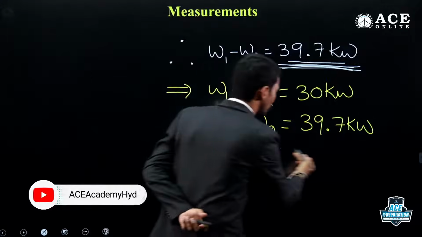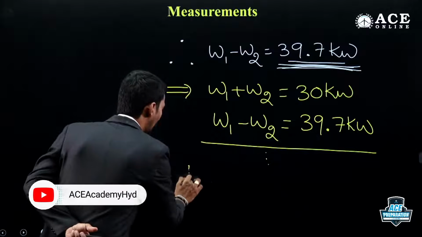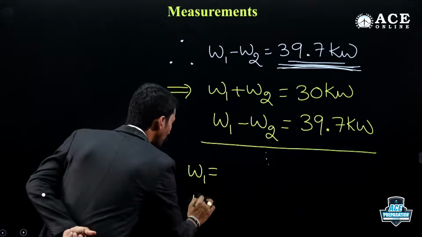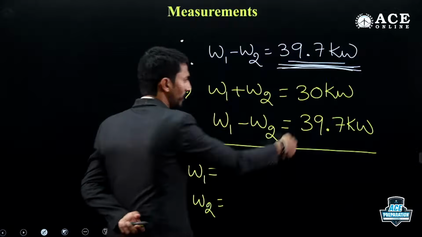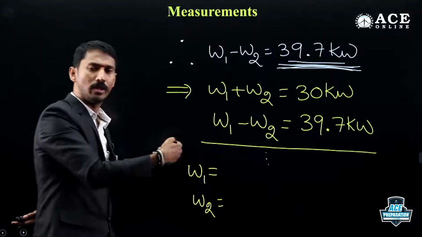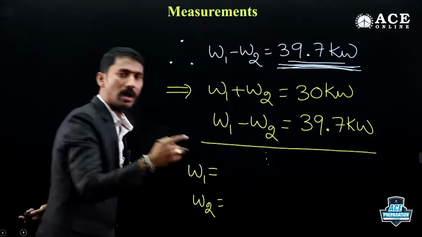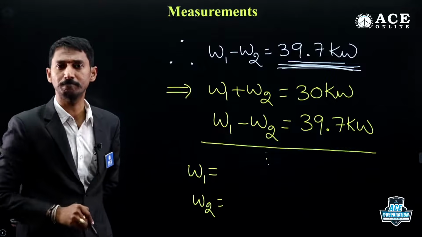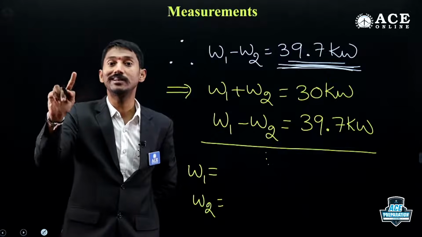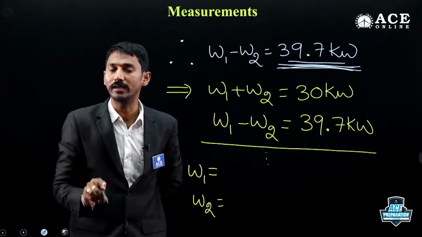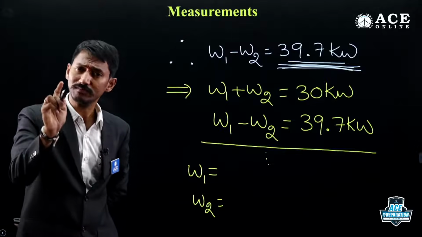Now your duty is to simplify these 2 equations and get the W1 value and W2 value. Simple mathematics. Cancel these 2, W1 equal to, add these 2 and get the value. Definitely one will be positive, the other will be negative. That is the answer. What is the logic here? Power factor is less than 0.5, so automatically one of the wattmeters reading will be negative.